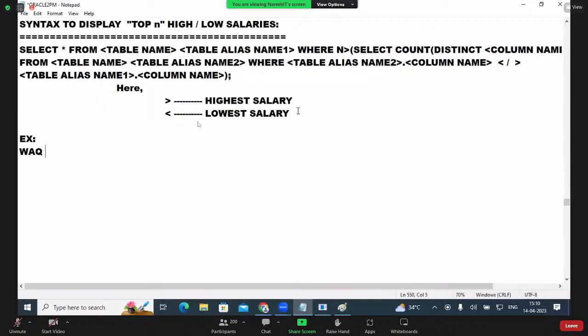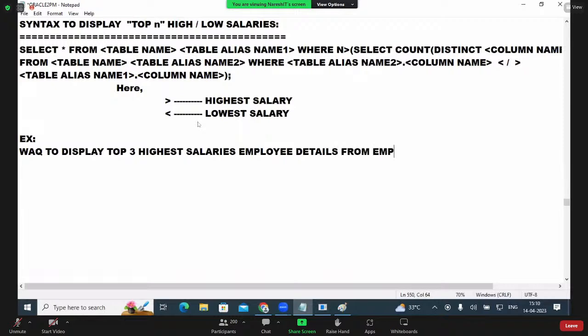Okay, write an example. Write a query to display top three highest salaries employee details from the EMP table.